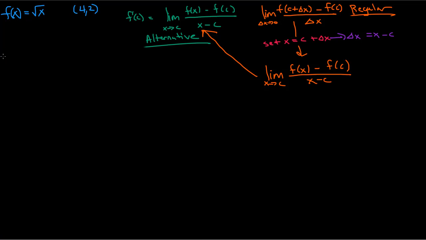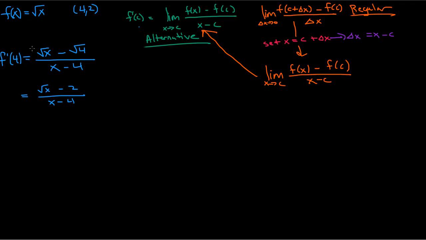So we can say that f prime at 4, f prime at c, is equal to f of x, so the square root of x, minus f of c, minus the square root of 4, over x minus c. So this equals the square root of x minus 2 over x minus 4.